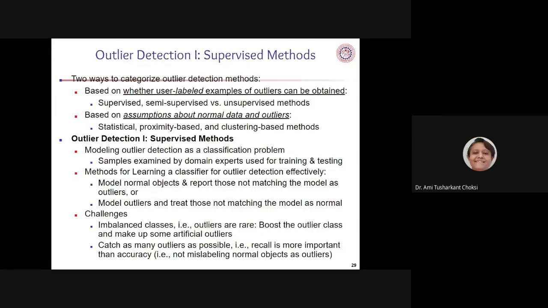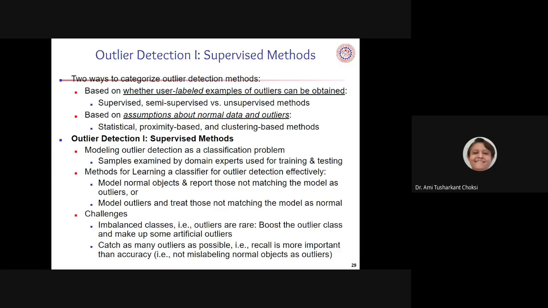Next, what we want to study is outlier detection. There are two ways to categorize outlier detection methods. First of all, what is an outlier? Outliers are data objects that do not follow the normal behavior of the system.